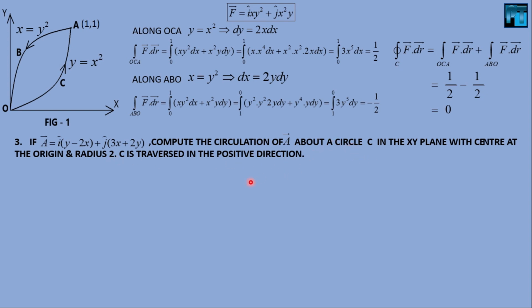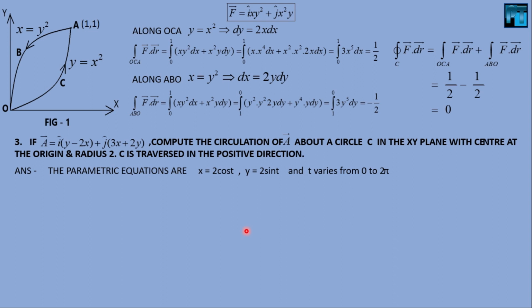So what will be our parametric form? x equal to 2 cos theta or 2 cos t, y equal to 2 sin theta or 2 sin t. Since the whole xy plane is given and no particular quadrant is given here, the limit of theta or t will be 0 to 2 pi.